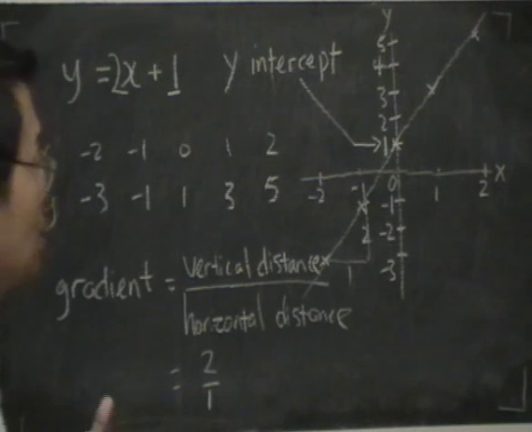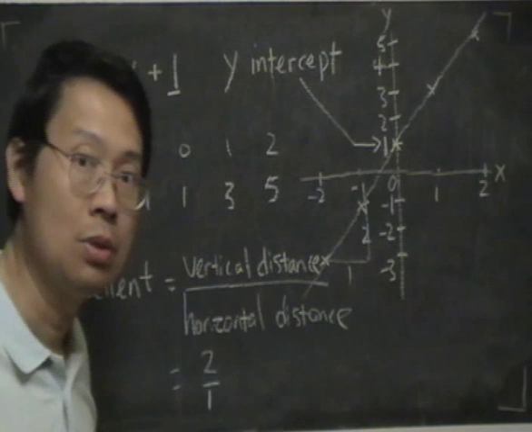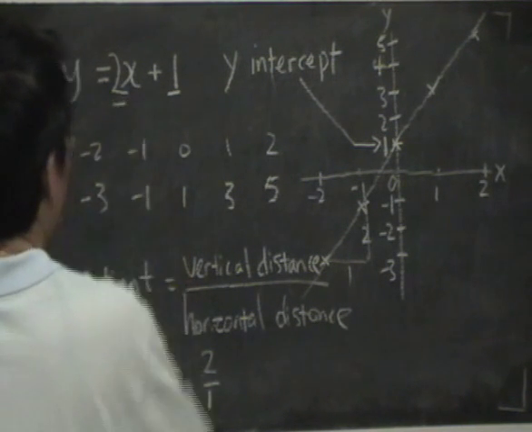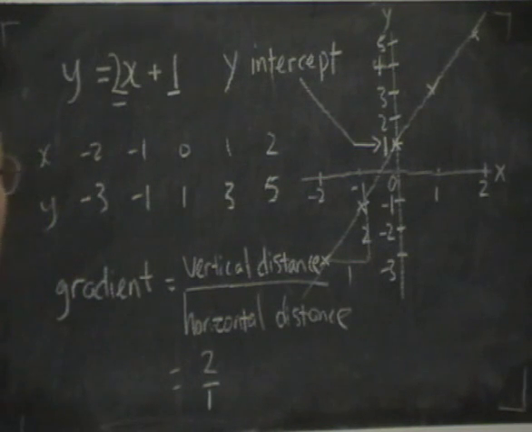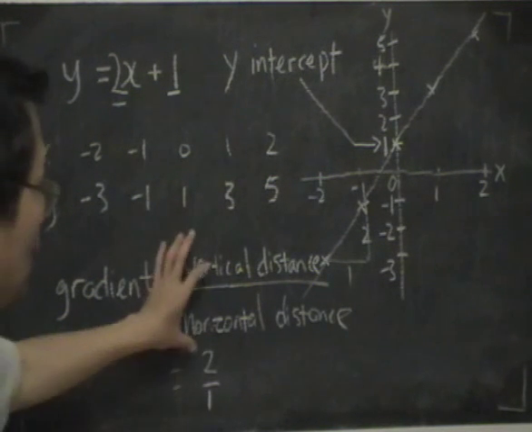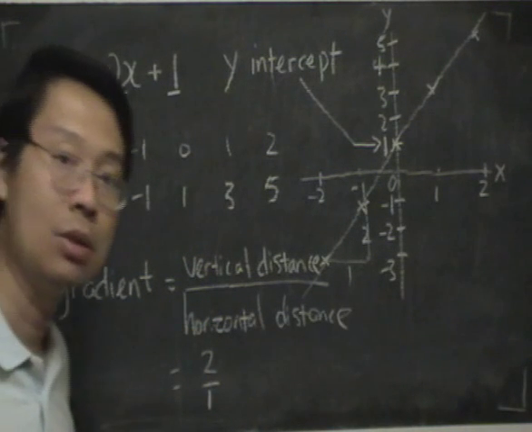That's why the y goes up by 2. So therefore, this number here is actually the gradient. That number there is the gradient, and this is how we can find the gradient, just by taking the vertical divided by the horizontal.